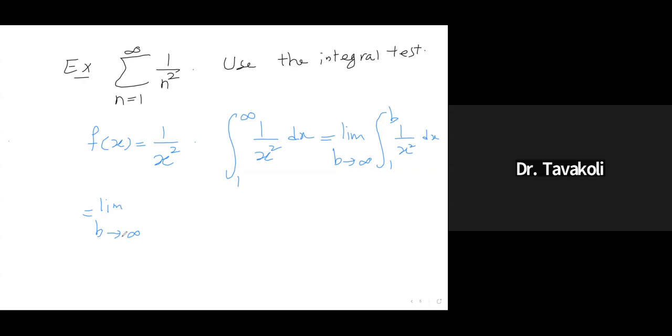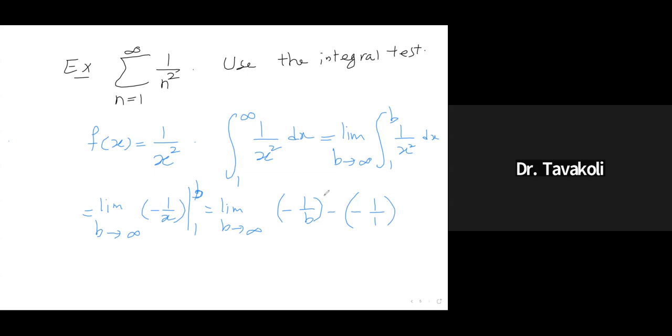Antiderivative of 1 over x squared is negative 1 over x, and then we evaluate at the limits of the integral. So this equals the limit as b tends to infinity. Evaluation of minus 1 over x at b is minus 1 over b, minus evaluation at 1 is minus 1 over 1.